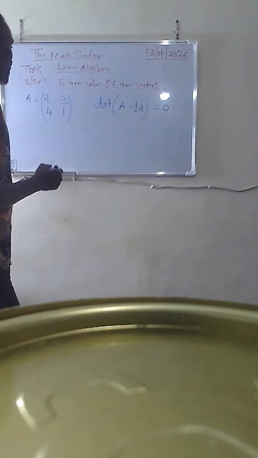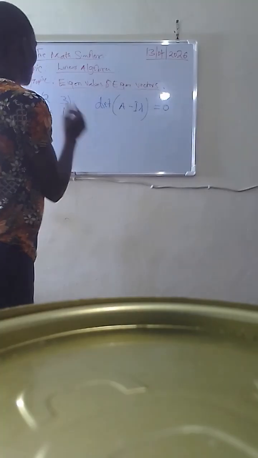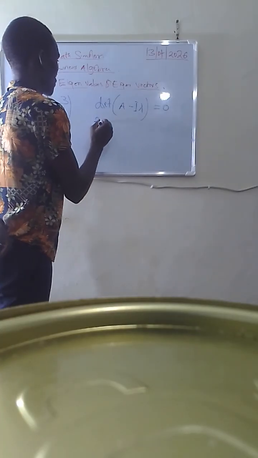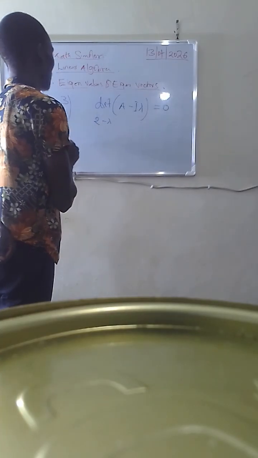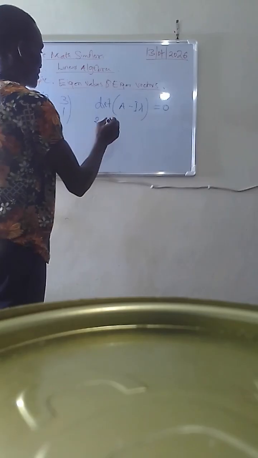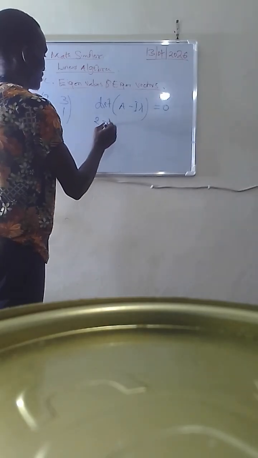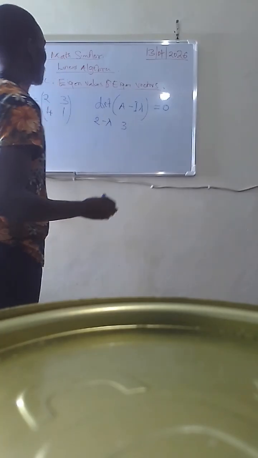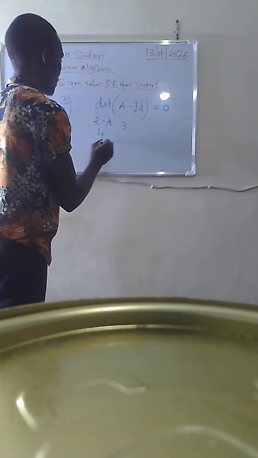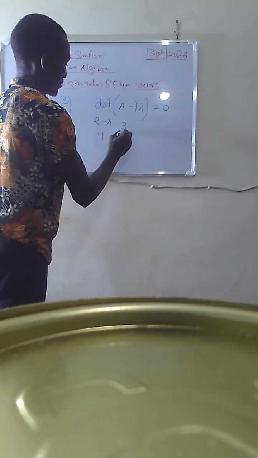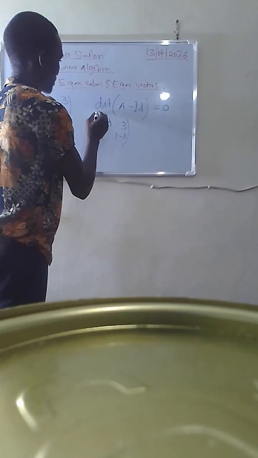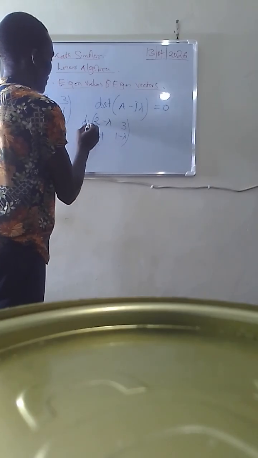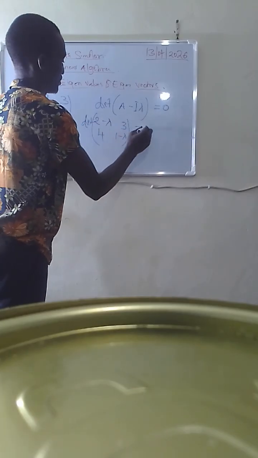Meaning we have 2 minus lambda, 3, 4, 1 minus lambda, that equals 0.